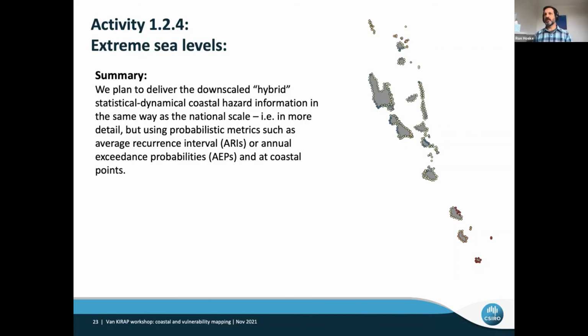Okay, sure. So this is just some preliminary example data of the national scale information derived from the regional modeling products. That does not include the wave run-up and wave setup calculation. So this is the 1 in 10 year height, I think, considering tides, sea level variability, and inverse barometer.